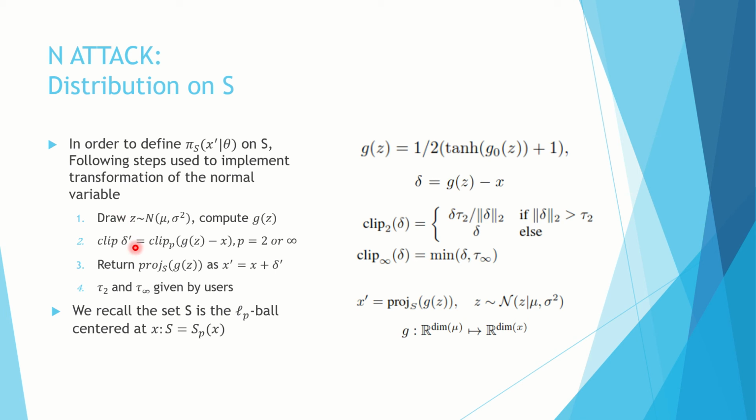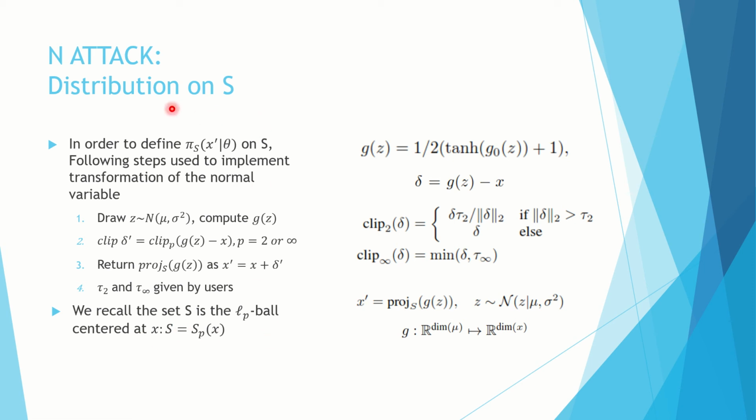Then find delta prime, then project g(Z). The L infinity and L2 norms are optional based on the user's request. And we call the set of S an L ball centered at X.